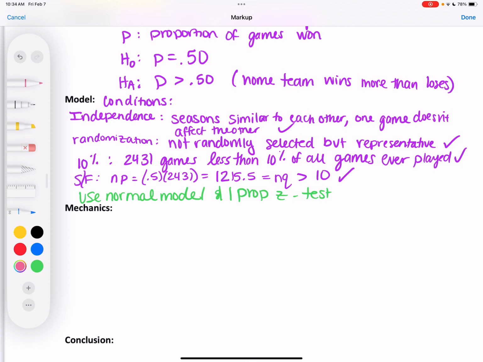Alright, so the mechanics, this is where we actually do the math of the problem. So, mu is P sub 0, which is 0.5. Obviously this is what we're expecting, or what in theory should happen, that there's no change. So this is from the null. Which again, you wouldn't have to write that, but just for if you go back and look.